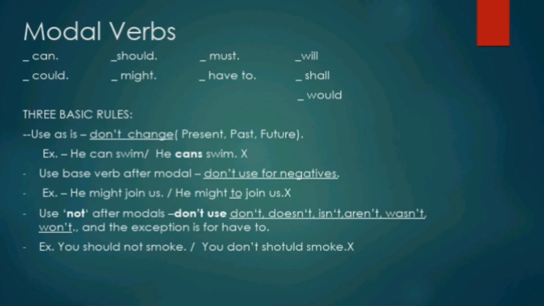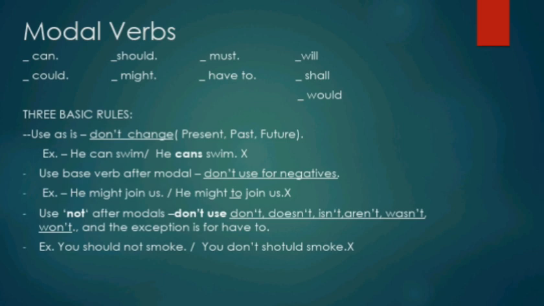Okay, so let's look at what modal verbs are. These are words that express different kinds of things. For example, they might express ability, possibility, permission and obligation, okay, and some other things like that.